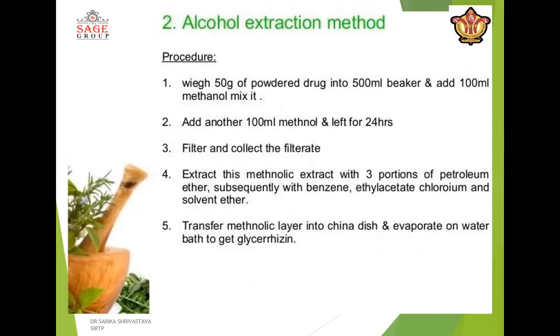Extract this methanolic extract with 3 portions of petroleum ether, subsequently with benzene, ethyl acetate, chloroform, and solvent ether. Transfer the methanolic layer into a china dish and evaporate in a water bath to get glycyrrhizin.